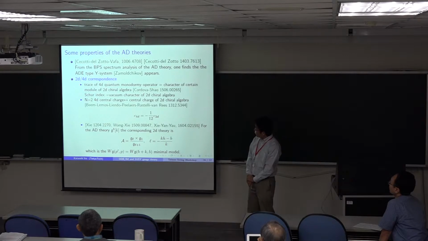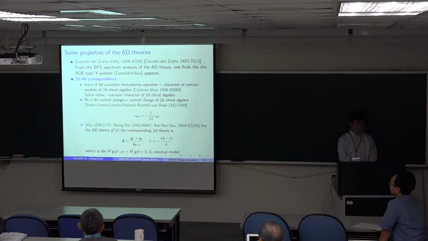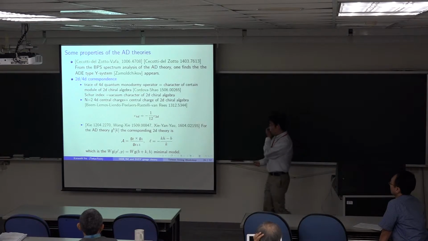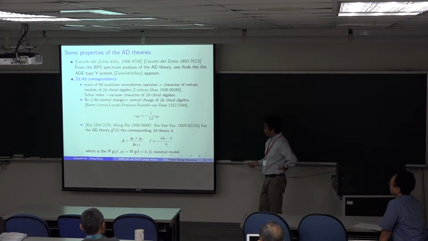And also the 4D central charge is found to be related to some sort of central charge of the 2D chiral algebra. And a more explicit relation between 4D and 2D theories is that for general Argyres-Douglas theory, G, G prime corresponds to a 2D theory conjectured to be explicitly this kind of coset CFT with fractional level.